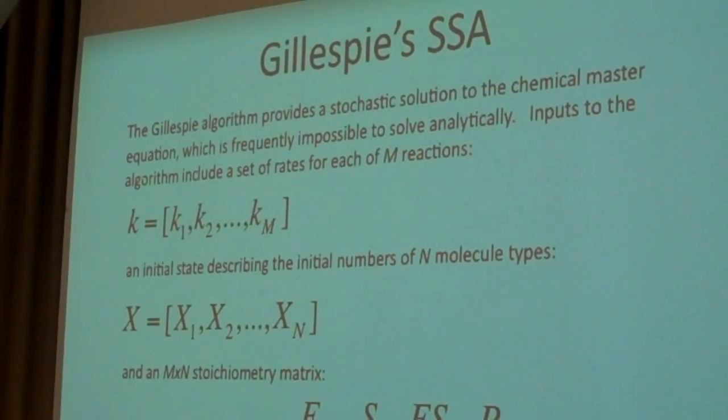We can describe then a stoichiometry matrix, which will describe how these molecule numbers change when a particular reaction occurs. For the simple Michaelis-Menten system, if this reaction were to occur, it takes one enzyme, it takes one substrate, it makes one enzyme-substrate complex. Therefore, we have -1, -1, 1 in the stoichiometry matrix.